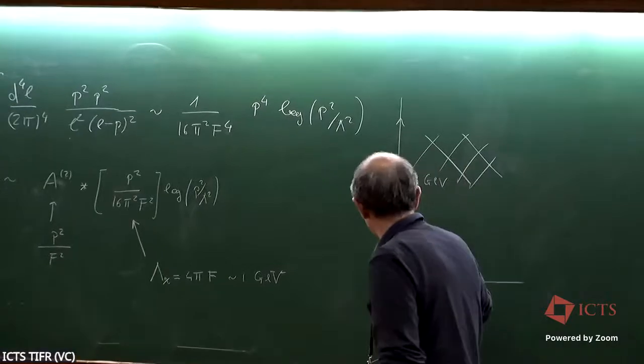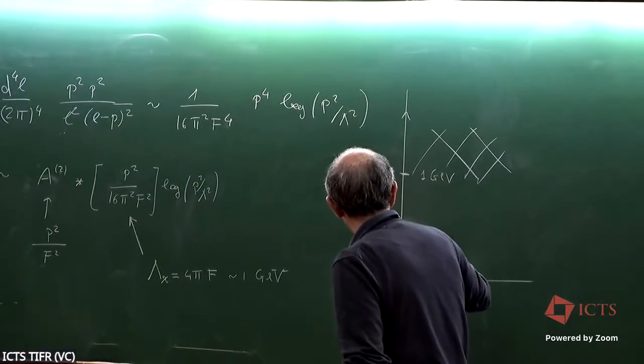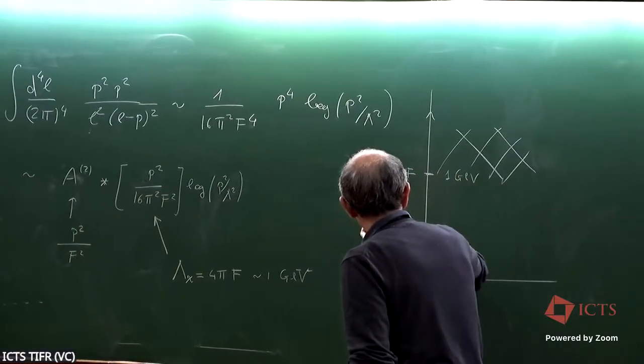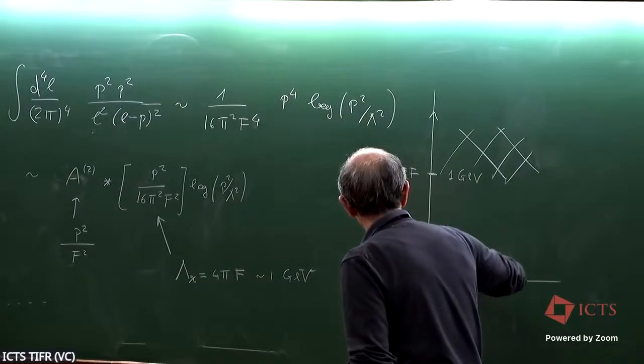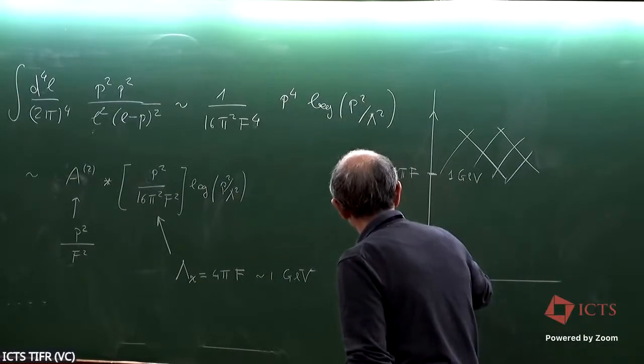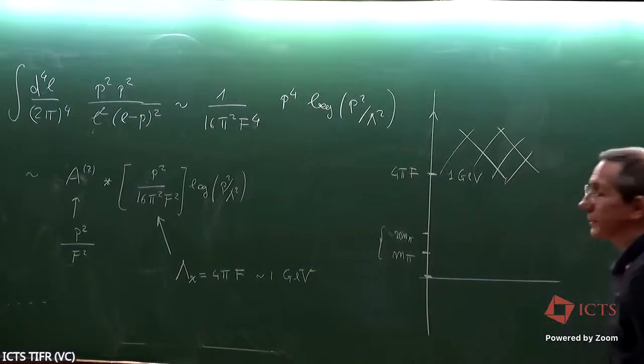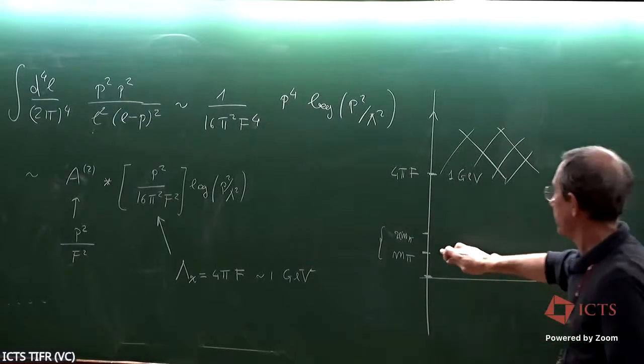Then we have m pi or 2 m pi, which is the range where we want to discuss scattering length, which is really well separated from that.